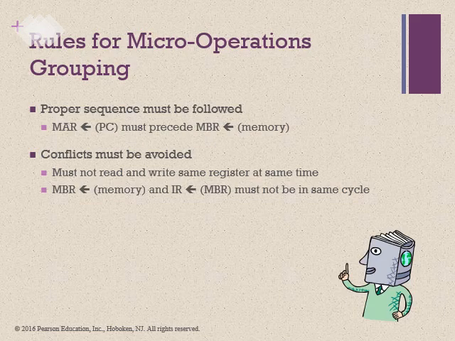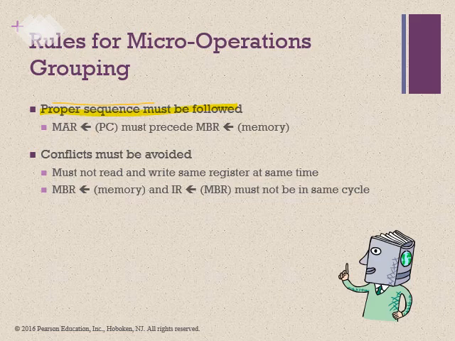So what rules should they follow? There are 2 simple rules. One is, please make sure that the proper sequence is followed. You must make sure that PC goes to MAR, meaning send the address first before you fetch the instruction. So you cannot have memory go to MBR, then only MAR goes to PC. It doesn't work that way.